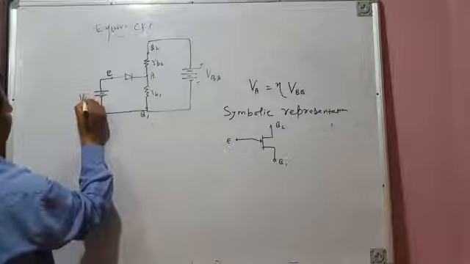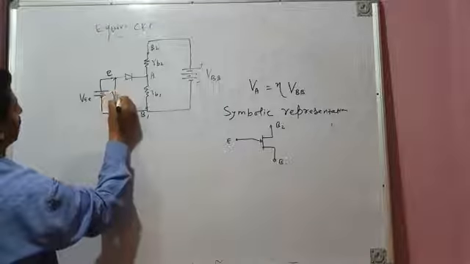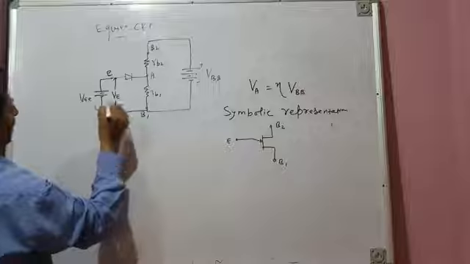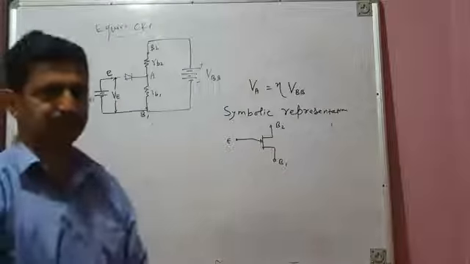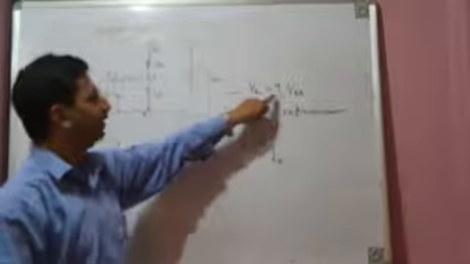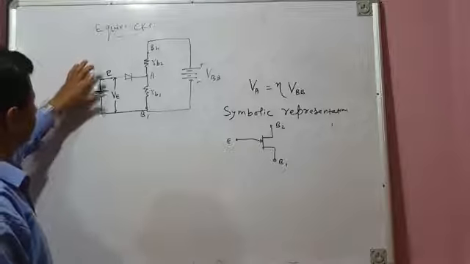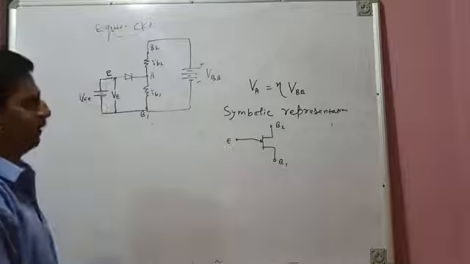Let us call this voltage VEE, and the voltage between E and B1 is VE, called the emitter voltage. Earlier, we had only one voltage source that caused a voltage at point A given by eta into VBB. Now we have connected another source between emitter E and base B1.